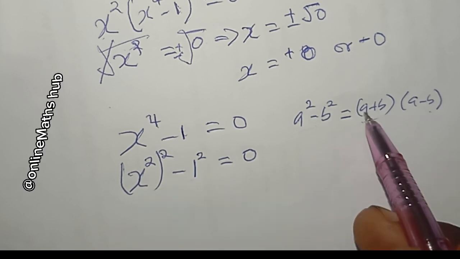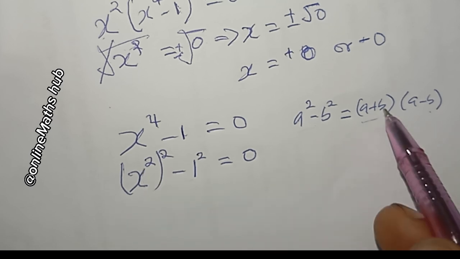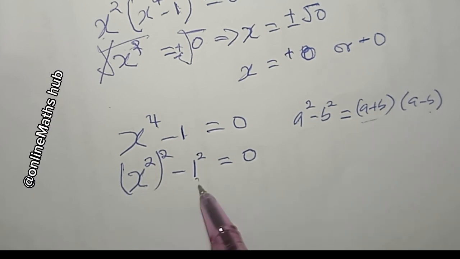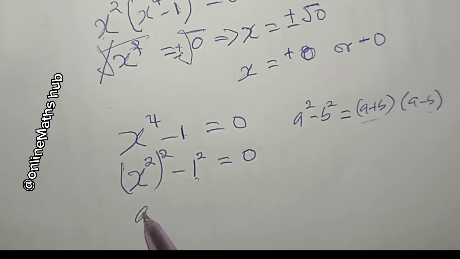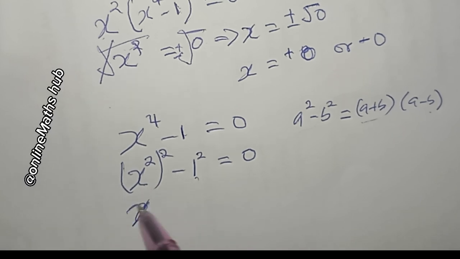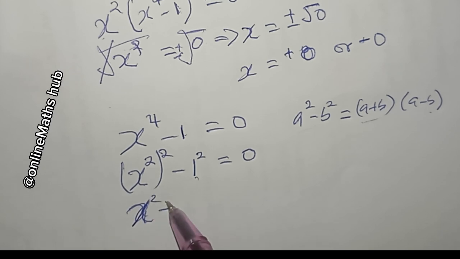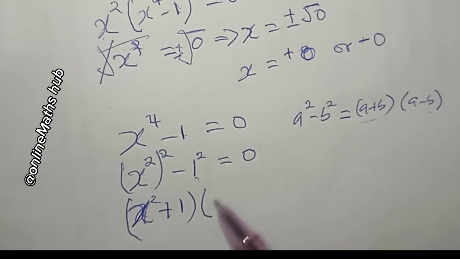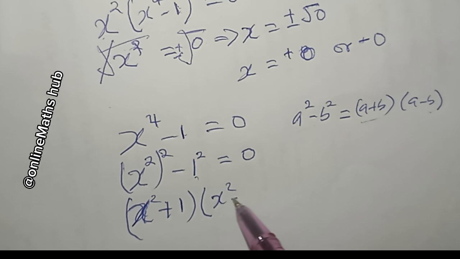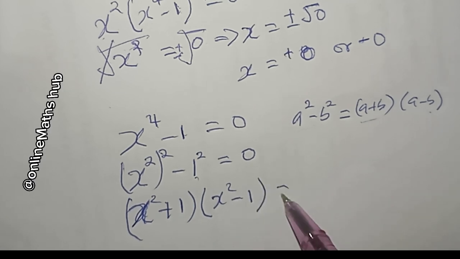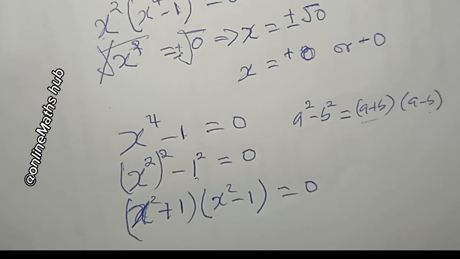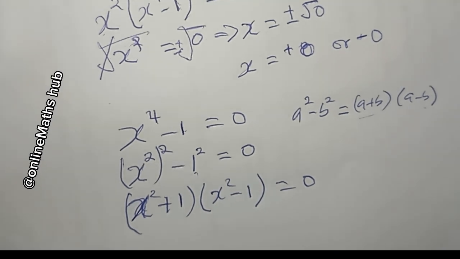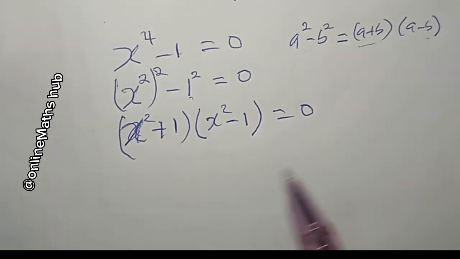So that is what I'm going to use to expand this. In this case, a is x power 2 and b is equal to 1. If I expand this, I have x power 2 plus 1 multiplied by x power 2 minus 1, all equal to 0. Again, using the zero product rule, we continue by simplifying this.